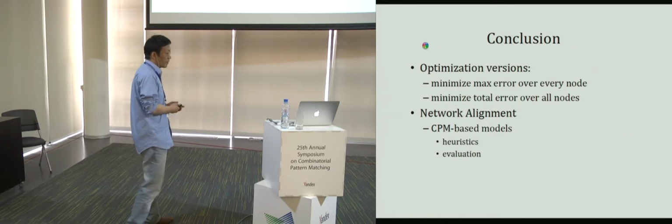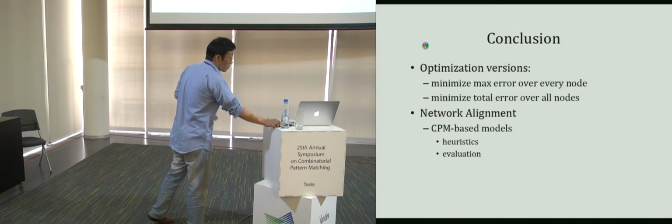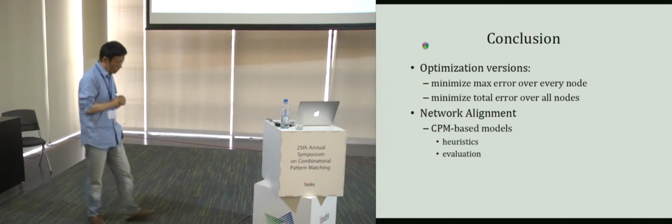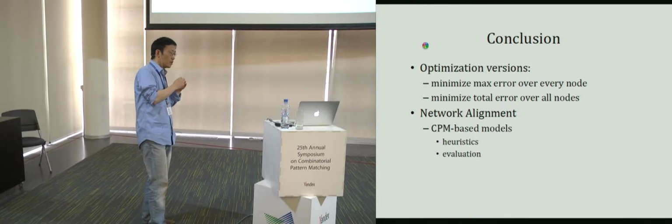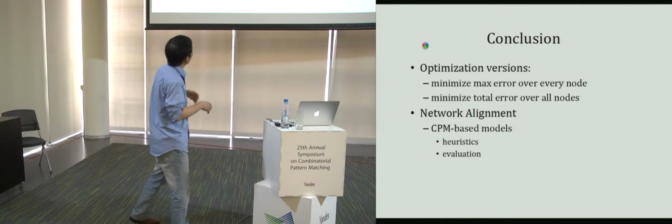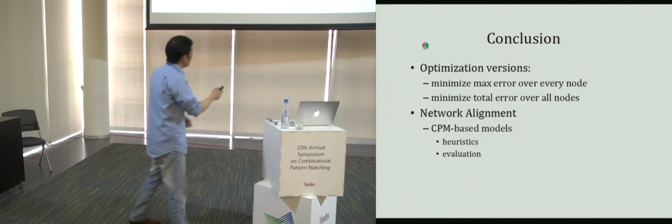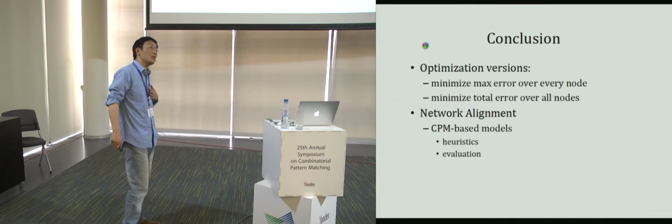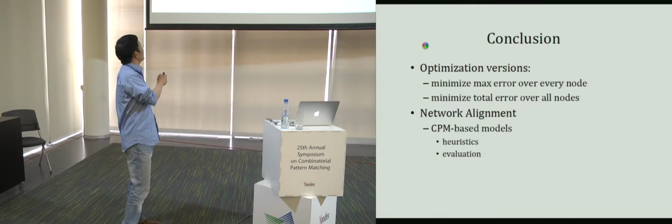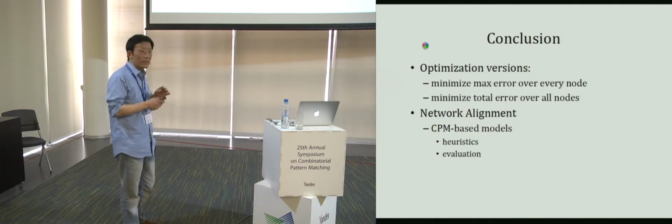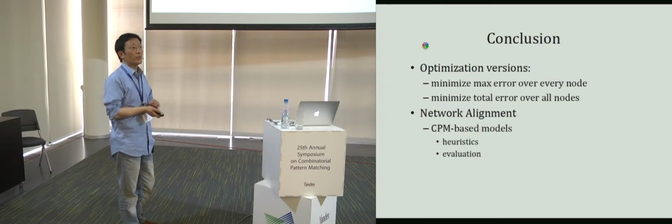Finally, for the conclusion, we considered the version that minimizes the total error over one node. We don't know whether minimizing the total error over all nodes can be solved in polynomial time.